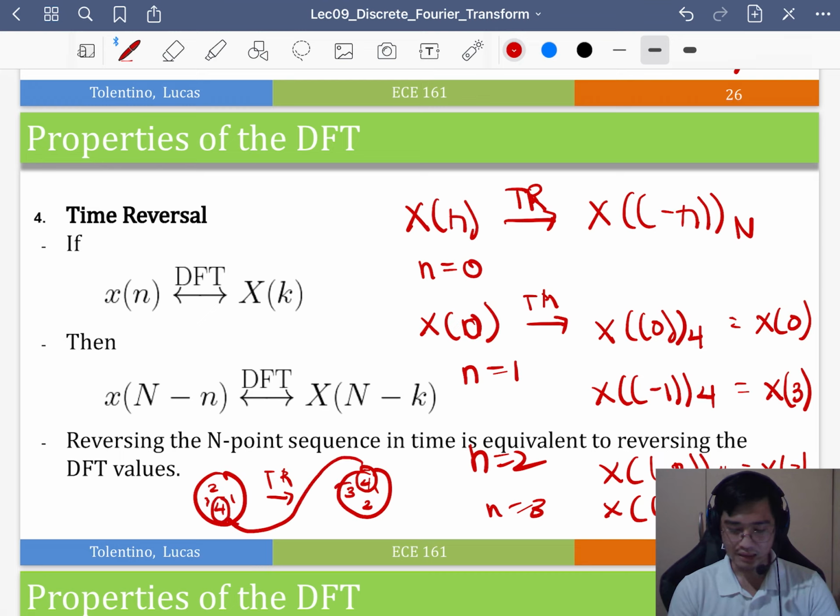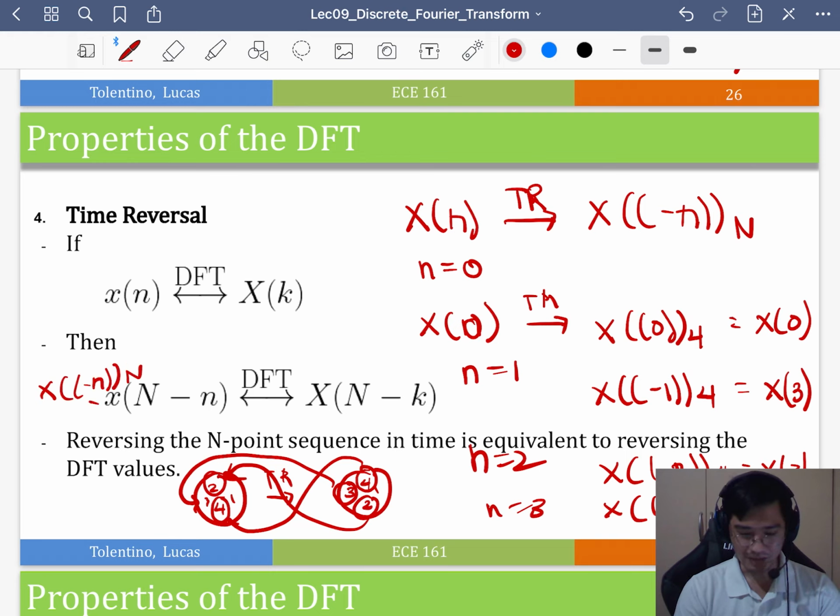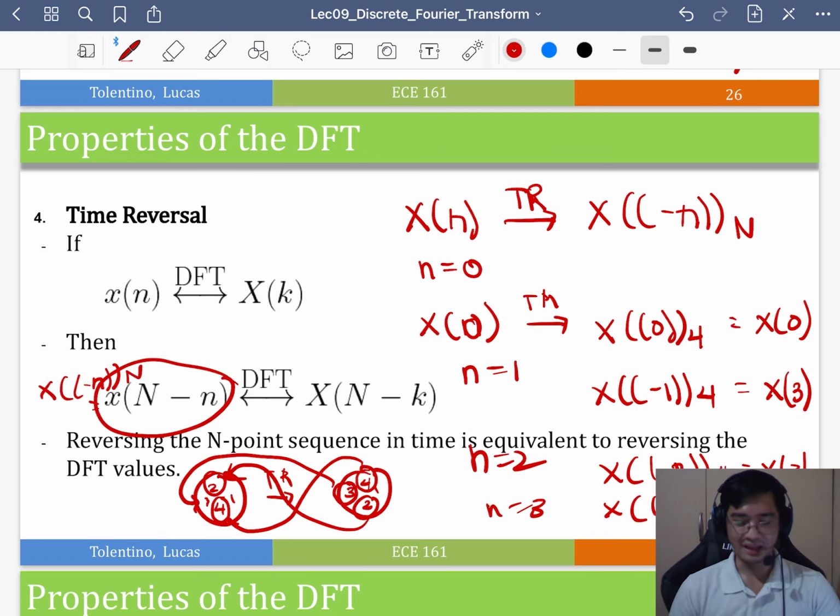That's how you do time reversal: instead of the counterclockwise direction, you go in the negative, clockwise direction instead.